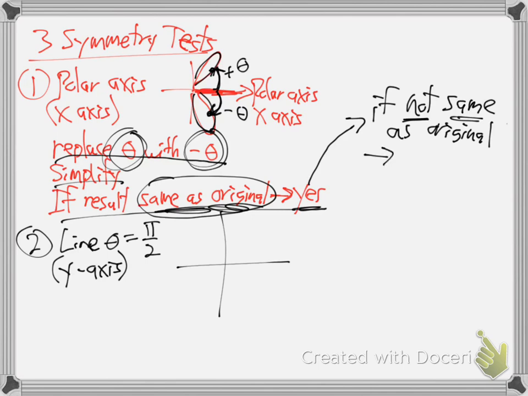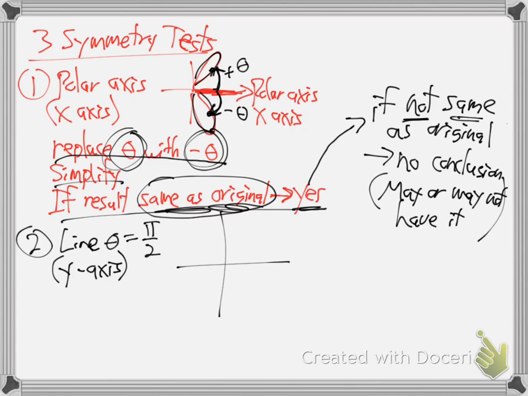But in reality, that means no conclusion. In other words, it may or may not have it. You can fail the test and it might still have it. That's weird. That's not what we're used to, huh? Normally, if it comes out the same, it's a yes. If it doesn't, it's a no.